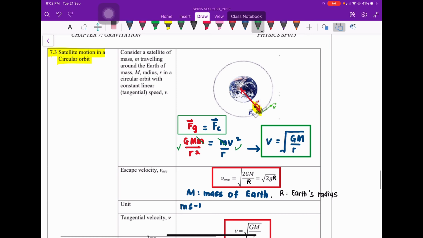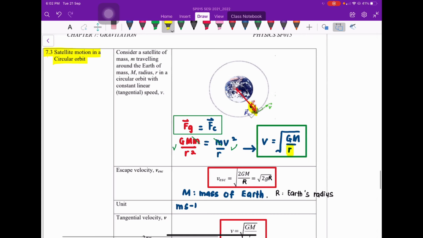Be careful here, r must be the distance from the center of the satellite to the center of the Earth. Look at this diagram. This is r.